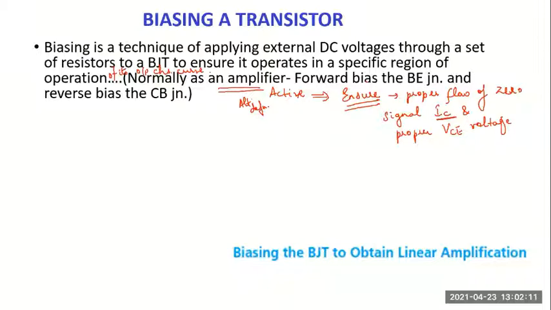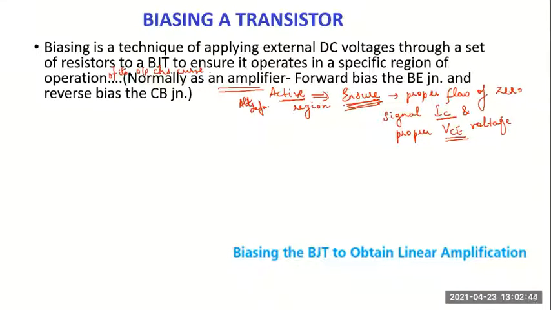So to ensure proper flow of zero signal collector current, which means with the AC signal being zero, there should still be some collector current in the transistor and there should be proper collector emitter voltage so that the transistor is working in the active region of its characteristic curve. And this technique is known as biasing. So this is an alternate definition.